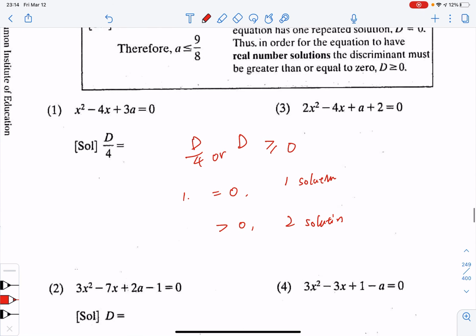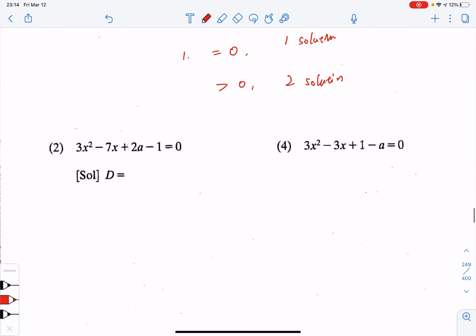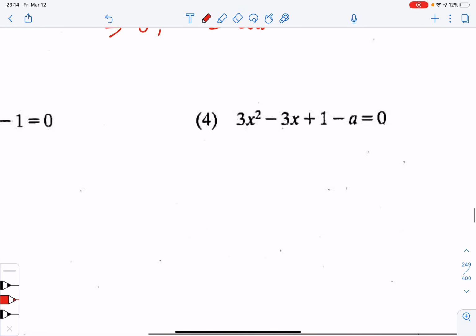So in both scenarios, it has real number solutions. Very easy to understand. We're going to do one question, question number 4. In this case, this is A, this is B, this is C. So in this case, I'm not going to use D over 4, because I really don't want to be dealing with a fraction. If I'm using D, it's B squared minus 4AC, easy peasy.